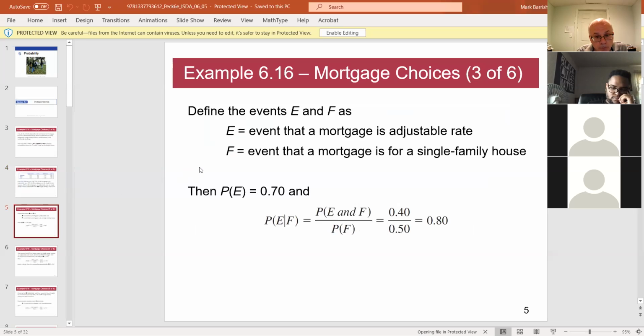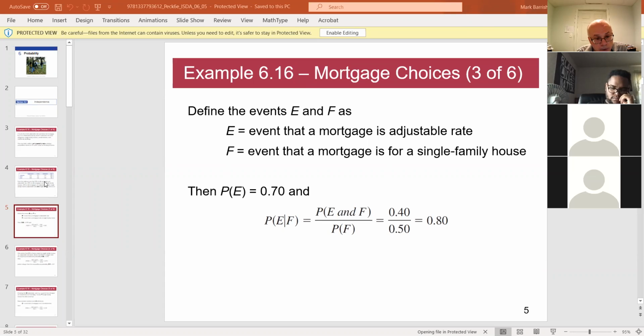Now, last time, we brought up the concept of what's called a conditional probability. Many times we'll want to know the conditional probability because we're only interested in a subgroup of the total number of people in the study.